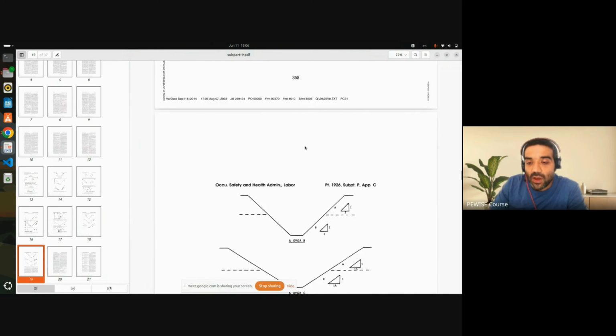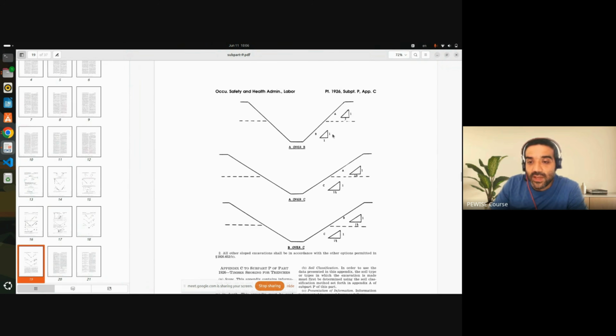But if it is the other way, the top layer is stiff and the bottom layer is weak, we use the slope for the bottom layer for both layers. And that is because this bottom layer needs to tolerate the top layer, and if the top has some steep slope, it will affect the bottom layer. So for the condition that the bottom layer is soft, we use the soft slope for both layers.